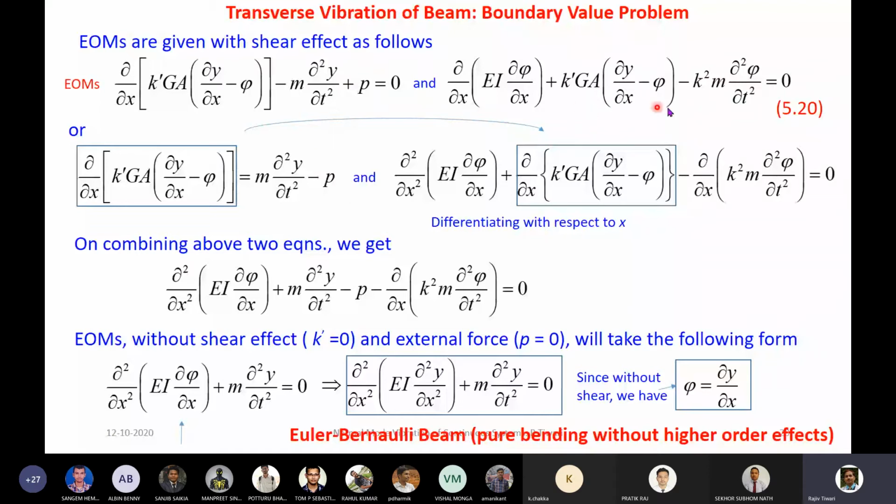This equation I differentiated once with respect to x. What is the motive of doing that? Because if I differentiate this, this will be a double differentiation with respect to x, this will be a single differentiation with respect to x, and this also got differentiated with respect to x. Now, you see this term is the same as this term.